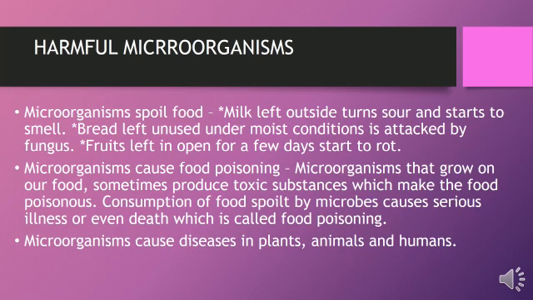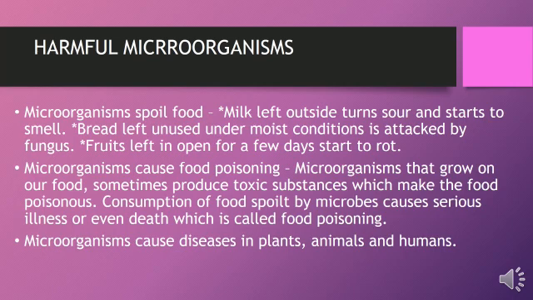Now, the second harmful effect of microorganisms is that they cause food poisoning. Now, what is food poisoning? Let's read. Microorganisms that grow on our food sometimes produce toxic substances which make the food poisonous. Toxic means poisonous. And when they grow inside our food, they sometimes produce very toxic substances which are not good for our health.